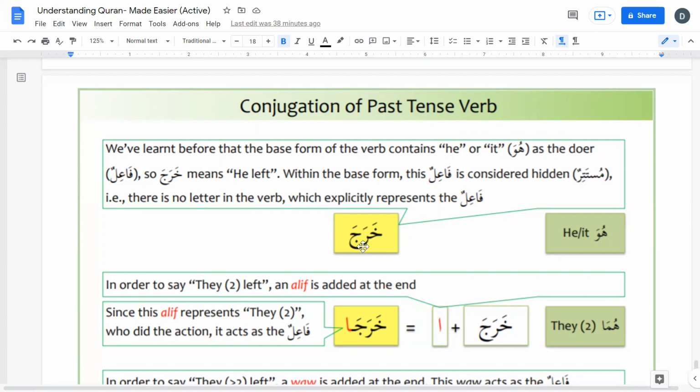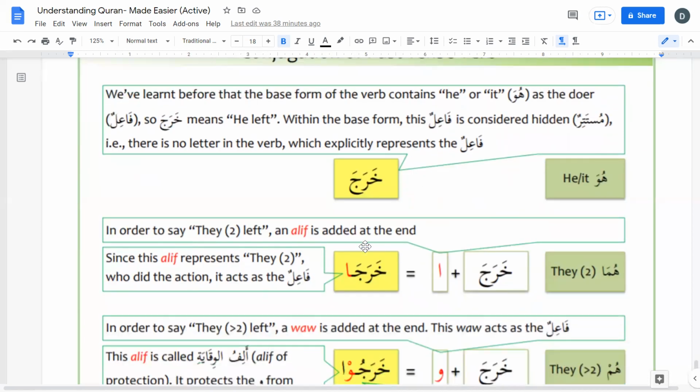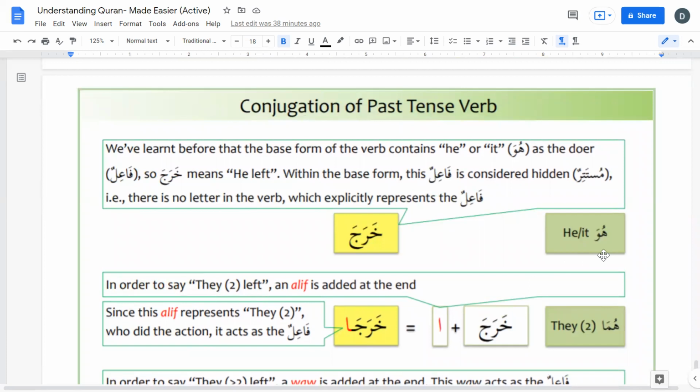So this pattern of fa'ala tells us that it's a fi'l madi, and this three-letter word also tells us that it's a hua version. The meaning of kharaja is to leave. So this hua pronoun is built in this pattern.